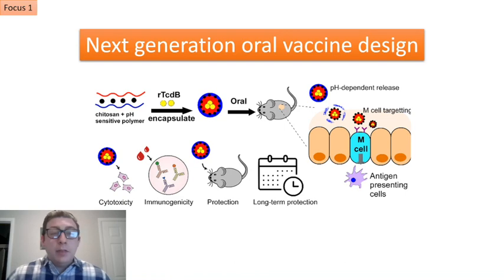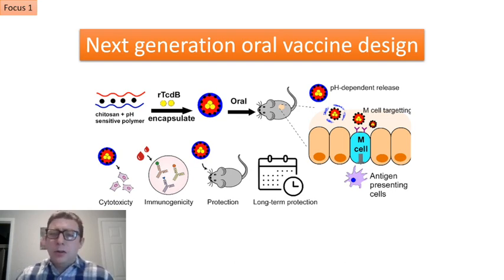So this leads me to the portion where I'm going to talk about how I think I can improve this method of delivery. The first is the improvement of the delivery system itself. We are collaborating with Dr. Josh Ramsey in Stillwater to encapsulate the recombinant TcdB in a nanoparticle called U-Dragon.